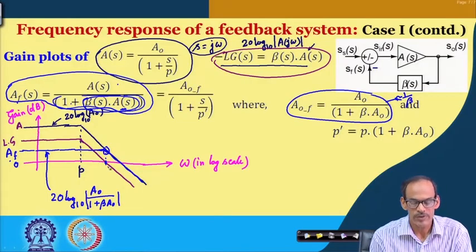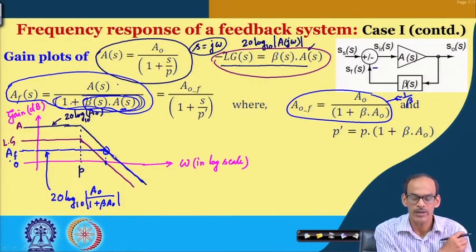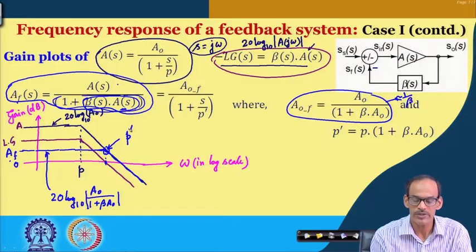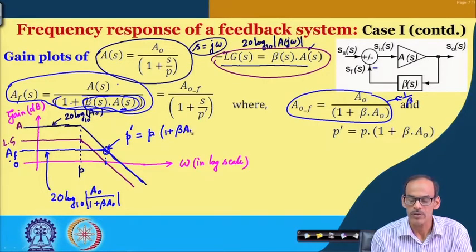In other words, it has a bend, and this bend imposes a pole. Incidentally, that is P dash, and P dash is P multiplied by 1 plus beta into A naught.